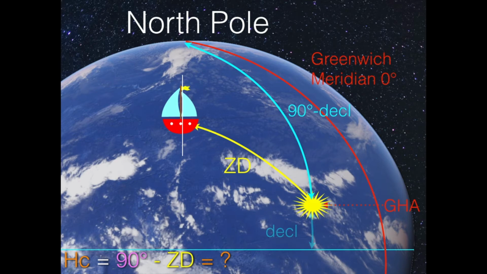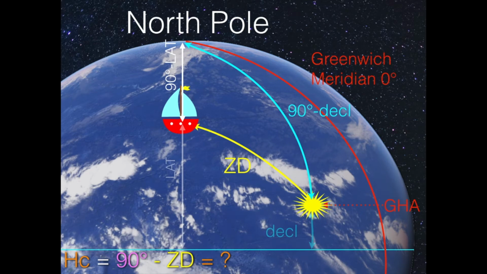The same thing or a similar thing is valid for our position. Our position has a latitude, which I have marked here, that is a known figure. So since we know the latitude, we know this line, which is 90 minus latitude. So now we have a nice little triangle, but we need some more, namely an angle.